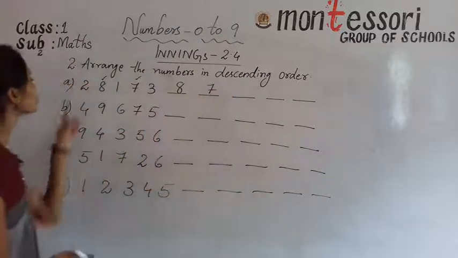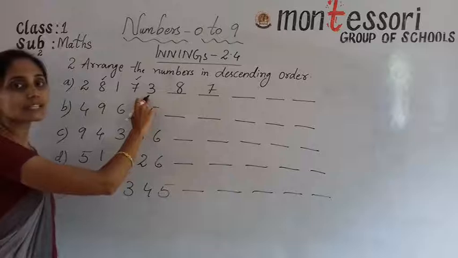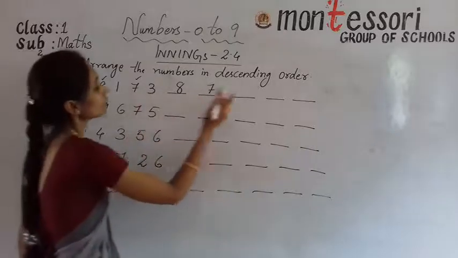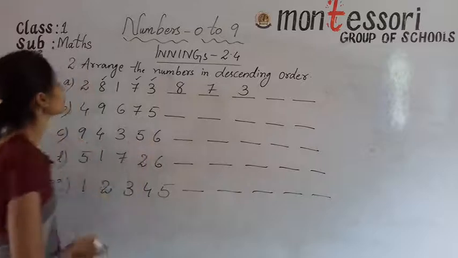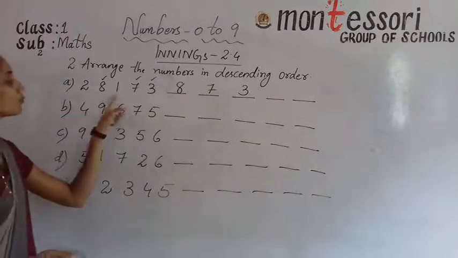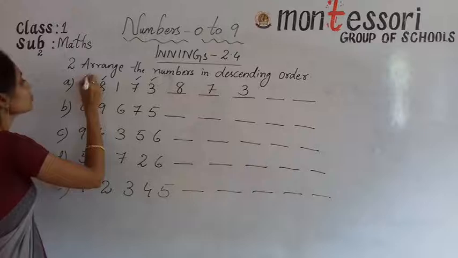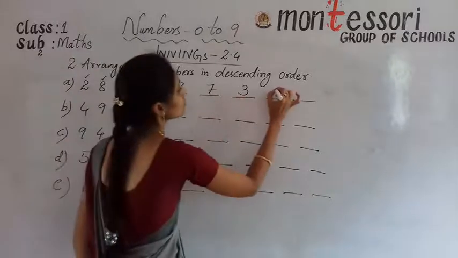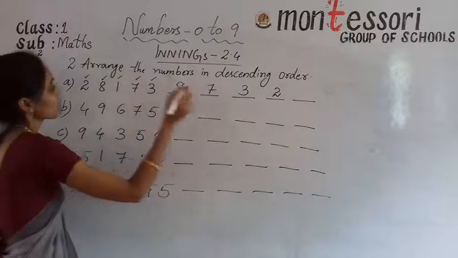Next, 2, 1, 3. Among these 3 numbers, which is the greater number? 3 is the greater number. Next, now 2, 1. Which is the greater number? 2. Now remaining only one number.